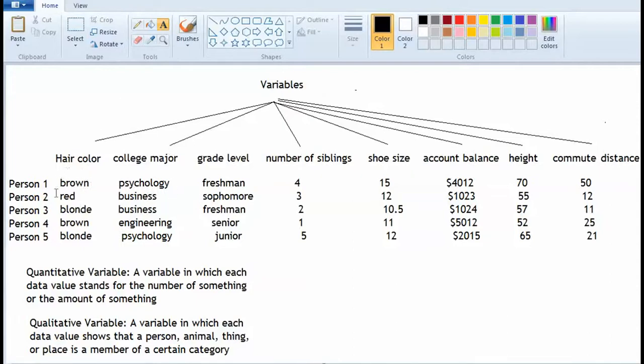Since we can see that all of the data values in these 3 columns show category membership, we can say that these 3 variables are qualitative variables.